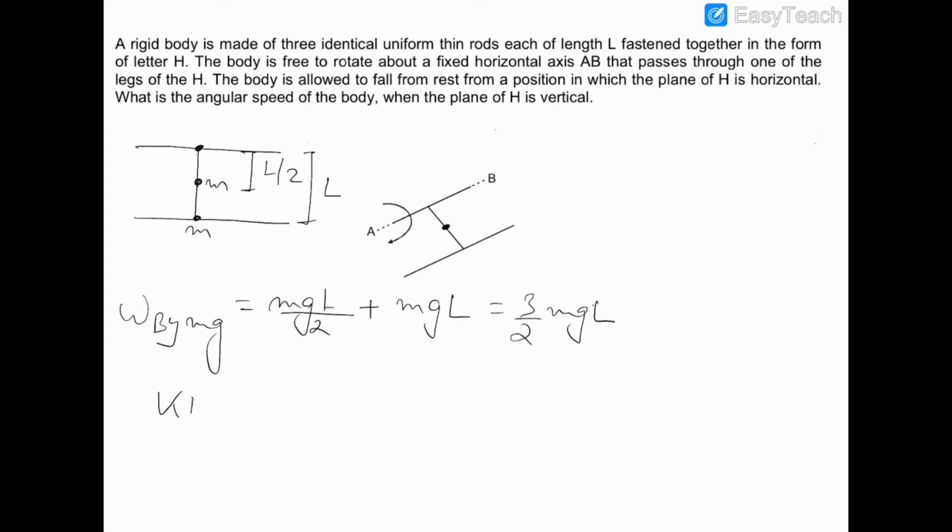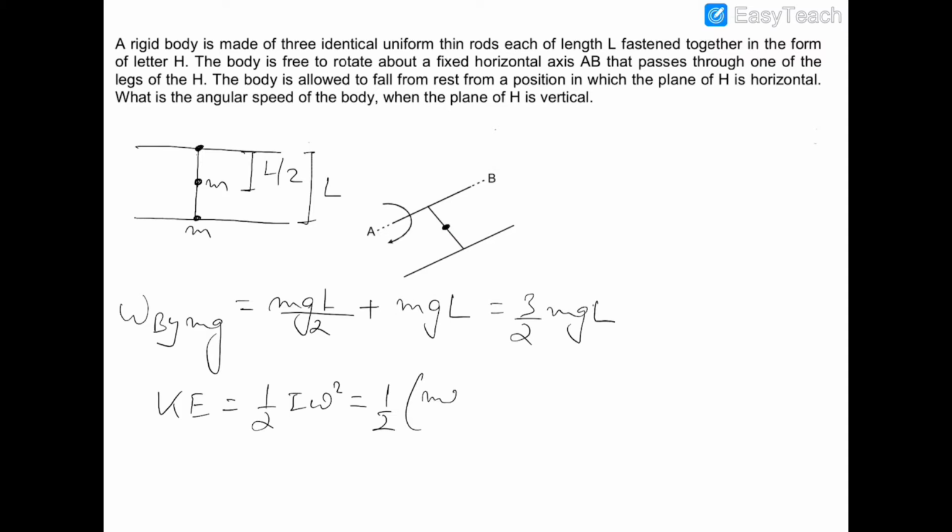So the kinetic energy of the system is half I omega square, where I is the moment of inertia of the system. And as we know that the moment of inertia of a rod along its own axis is 0, so the moment of inertia of this rod will be 0. The moment of inertia of this rod, this one about this axis, would be mL square by 3 because it is passing through its end.